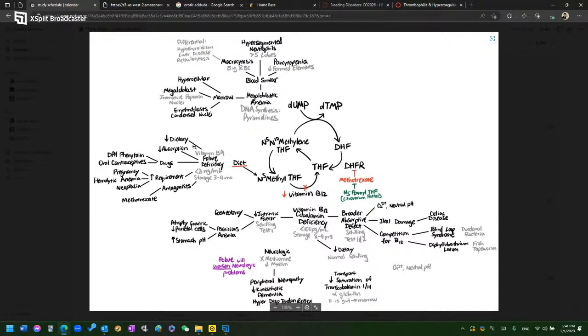So you need to eat it pretty often, and you need to absorb it pretty well. The problem is that you could get a deficiency due to drugs, such as oral contraceptives. And you could also get a deficiency if you had a pregnancy or a neoplasia.